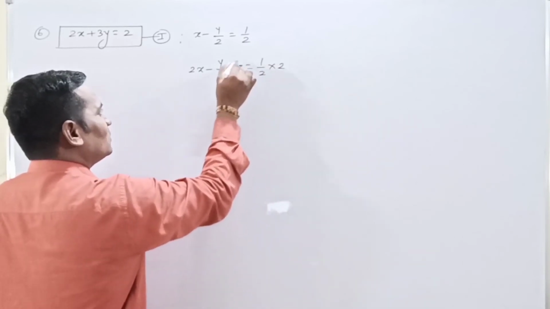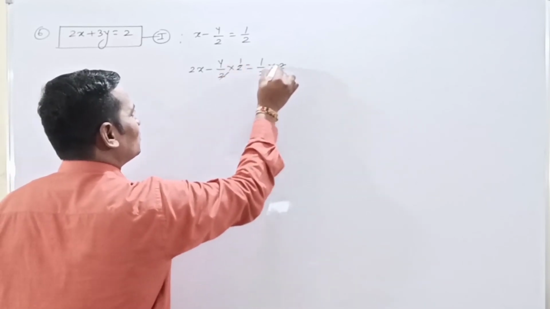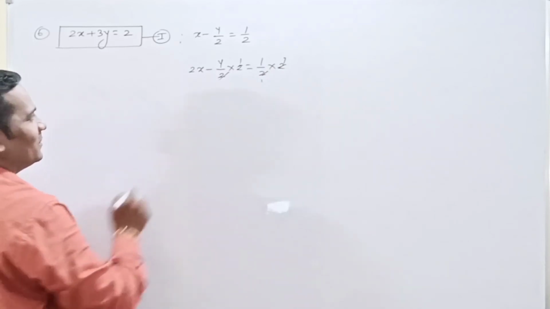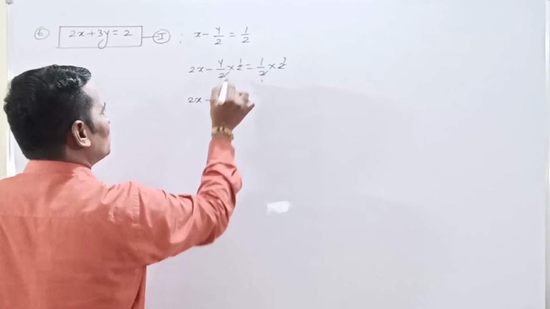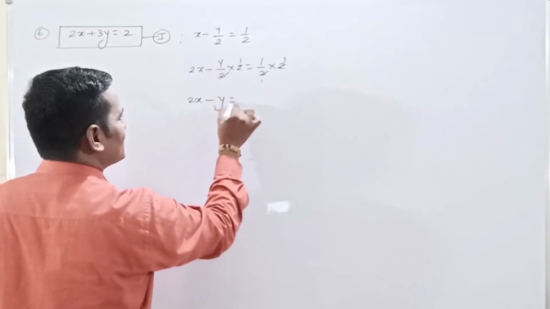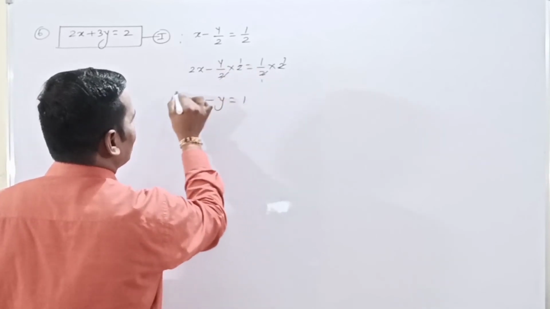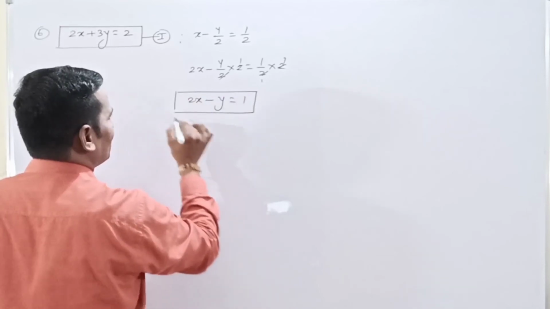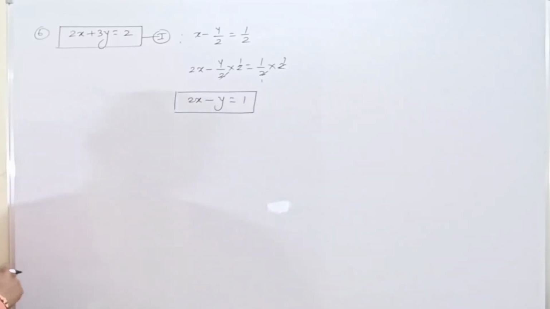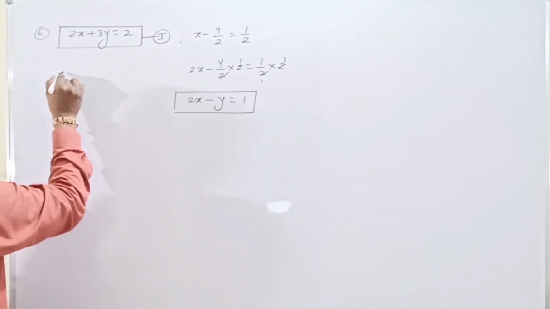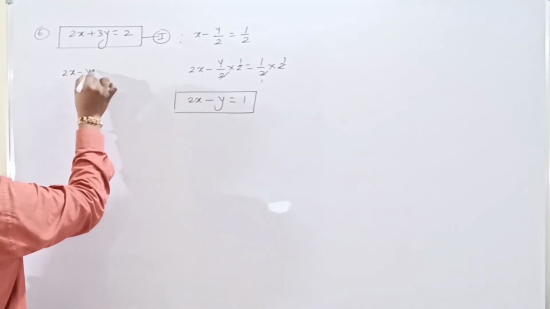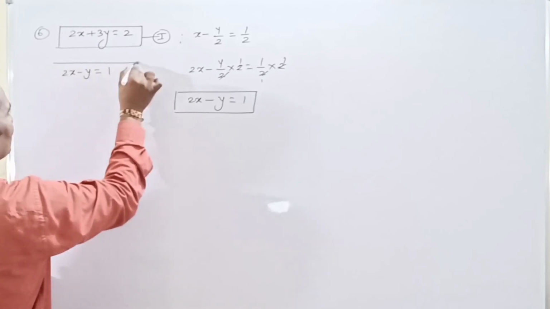The 2s cancel. So the remaining thing is 2x minus y is equal to 1. This is equation number 2, so for our convenience we can write it here: 2x minus y is equal to 1.